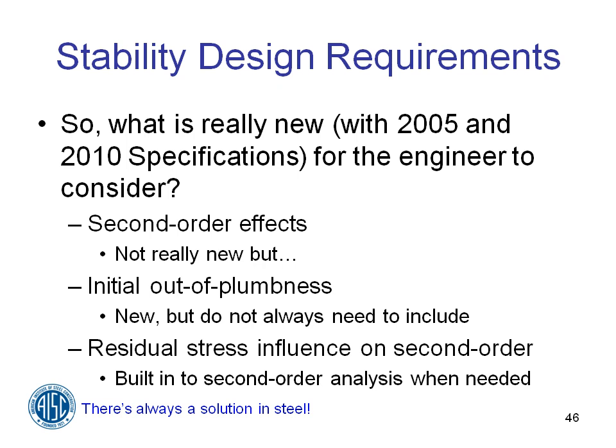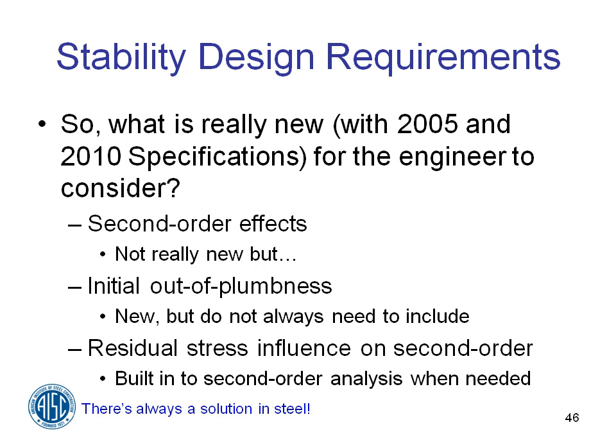So what's really new? What do you as an engineer need to consider that you haven't considered in the past? And you'll note I put on the slide here 2005 and 2010. If you've been using the 2005 spec, there's really nothing new here. But if you are coming into the unified specification new, first thing, second order effects. Now these are not new. You should have been including them all along, but the concern is that many engineers were not properly including second order effects.